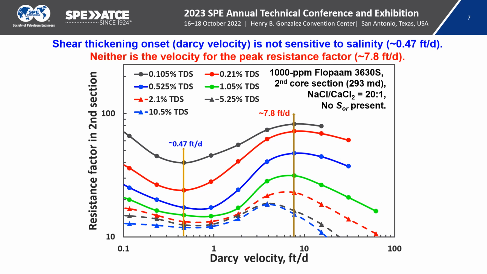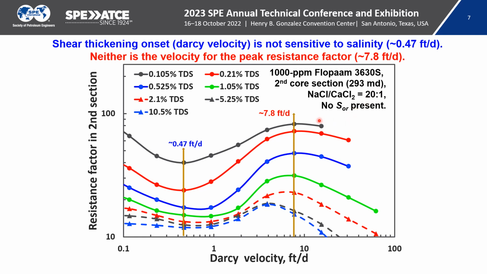So now let's look at the effect of salinity on polyacrylamide rheology and porous media. And we'll start by focusing on 1,000 part per million polyacrylamide in 293 millidarcy Berea sandstone. And for this case, there's no oil present in our porous rock.